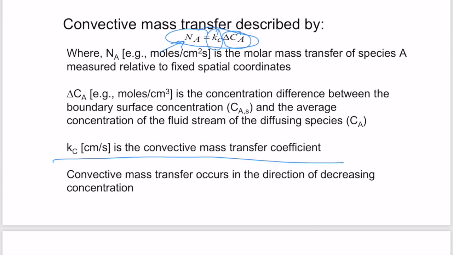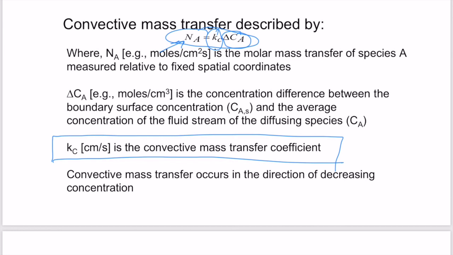And once again, we will have empirical correlations that we can use to estimate that based upon what's going on with the fluid. And the convective mass transfer coefficient is something that you would look up depending on what the materials are? Yes, you can look it up, you can measure it, you can estimate it from these correlations that we'll be talking about.